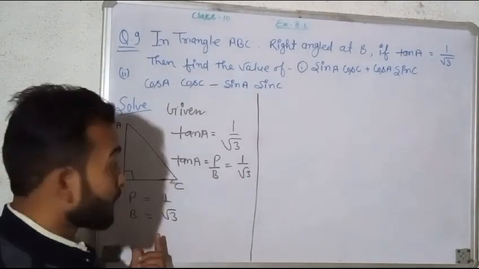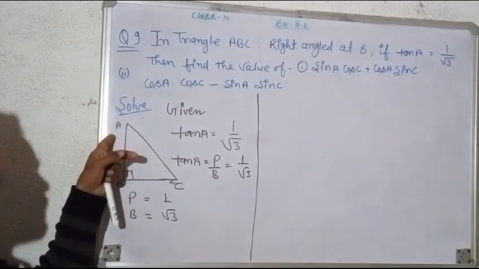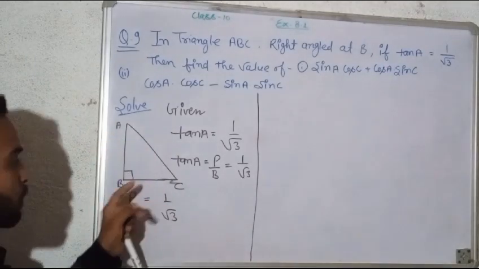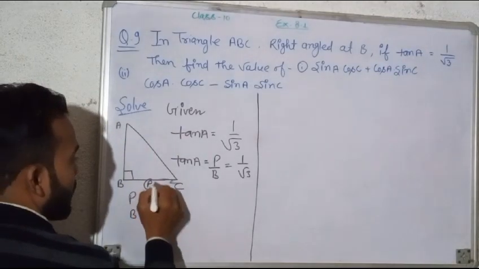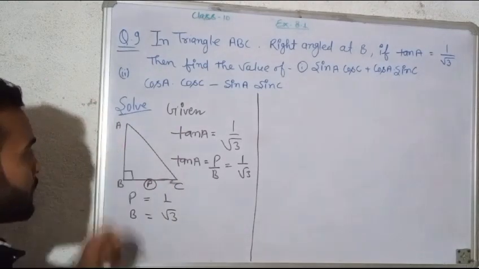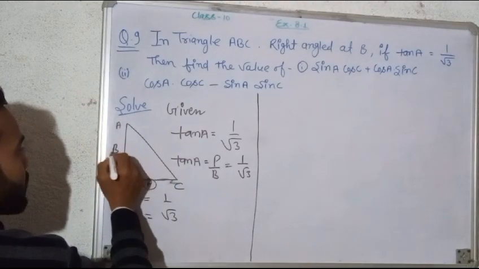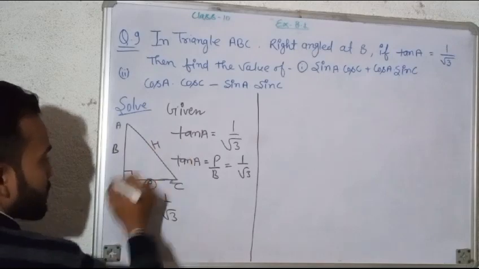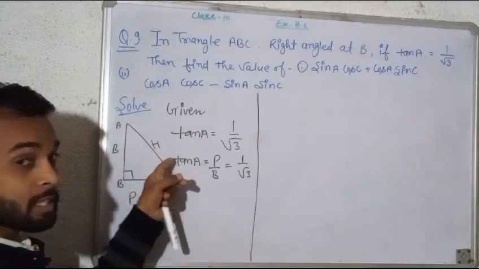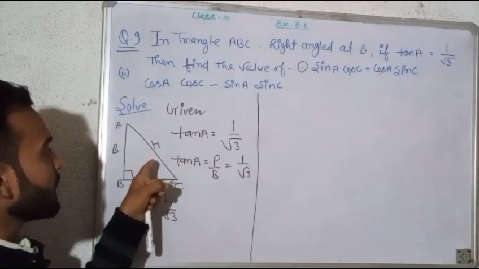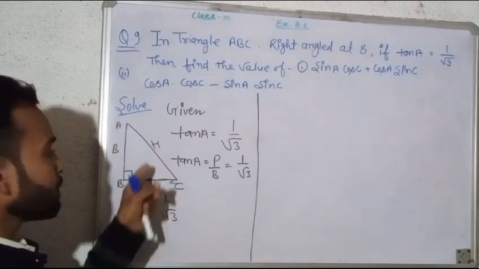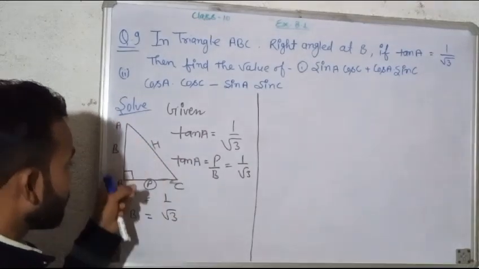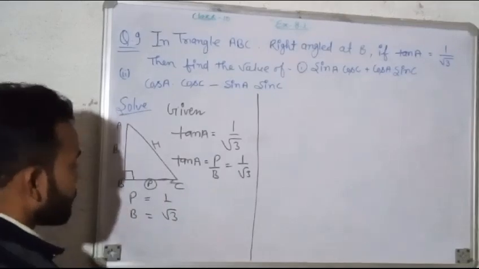Here with respect to angle A, this will be perpendicular and this will be base. So it becomes hypotenuse. Here hypotenuse is unknown. So we find hypotenuse by using Pythagoras theorem in this ABC right angled triangle.